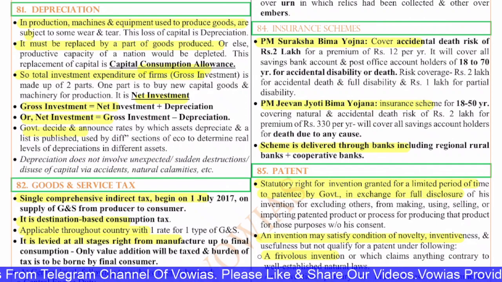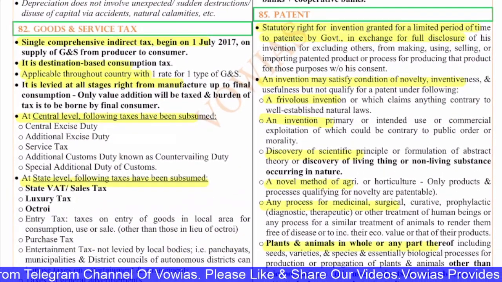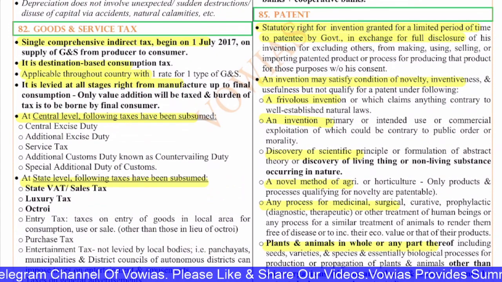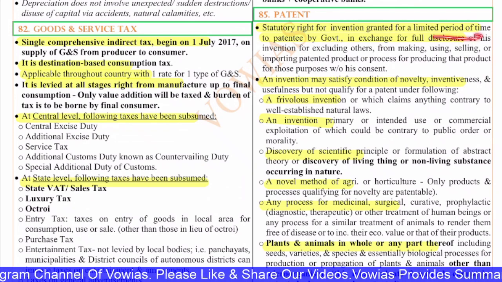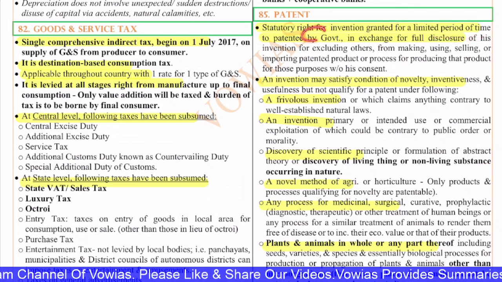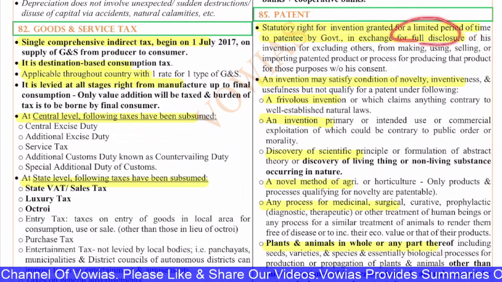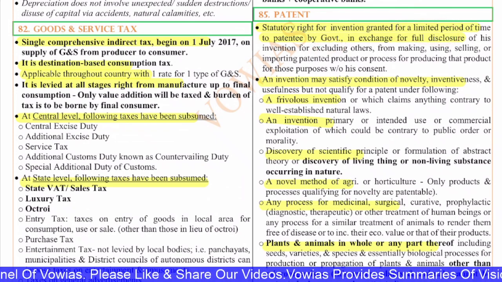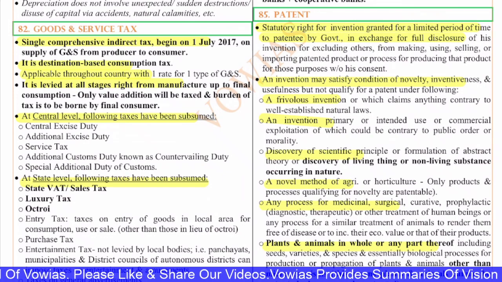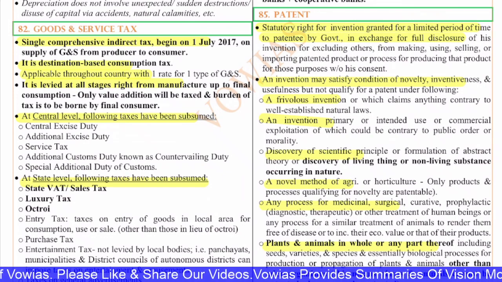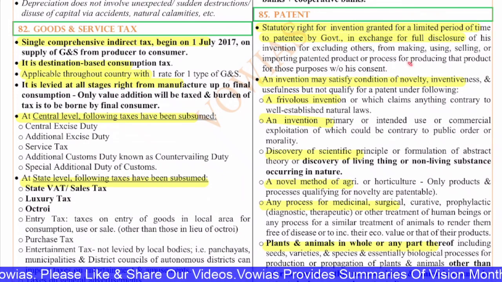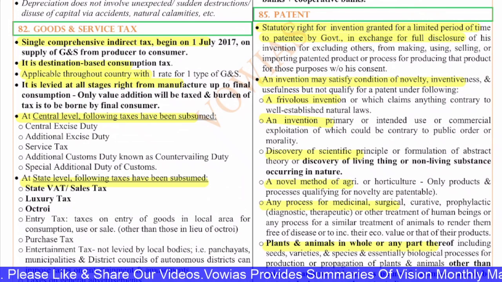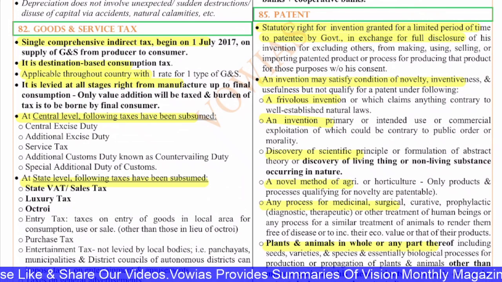Right. Next, patent. A patent is a statutory right for an invention which is granted for a product for a limited period of time to the patentee by the government in exchange for full disclosure of the invention, for excluding others from making, using or selling the product, or the imported patented product, or the process for the production of that particular type of product, for those purposes without his consent.